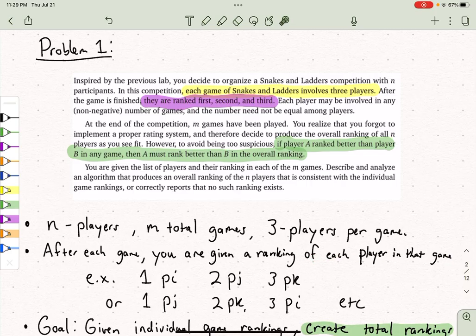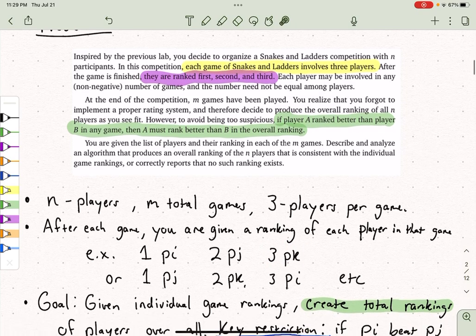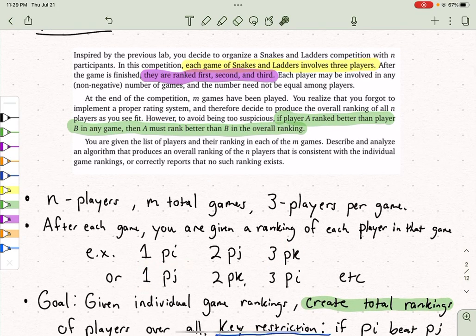So maybe player I did the best, they got the highest score, so they're ranked 1. Then second place was player J, third was player K, or maybe player J was first, and so on. So you can come up with this 3-player ranking for every single game. So that's this constraint here. Now, every player does not have to be involved in any game.